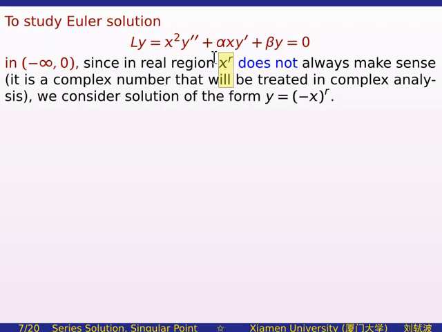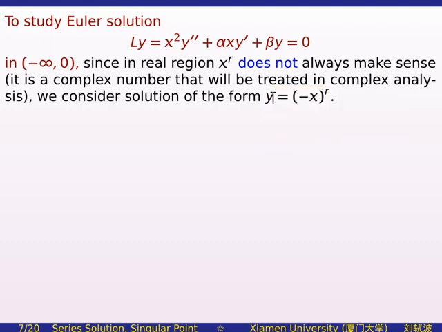Okay. So how to solve this equation? Instead of considering the solution of the form y equals x^r, we can consider a solution of the form y equals (minus x)^r. Because x is negative, then minus x is positive, so the power r makes sense.